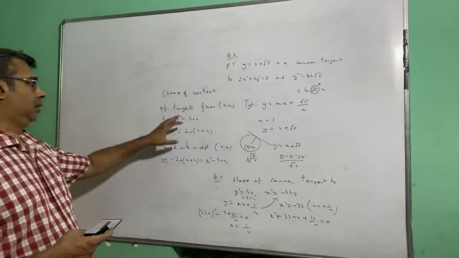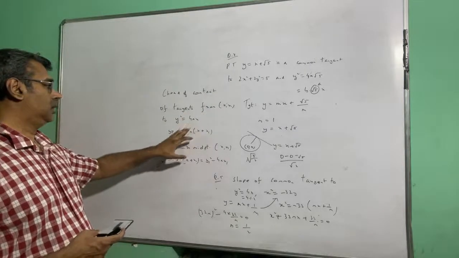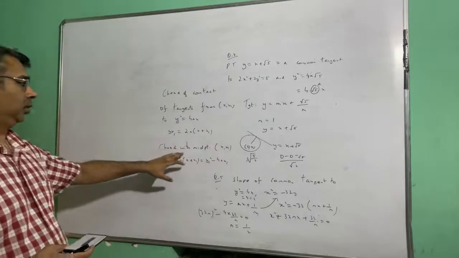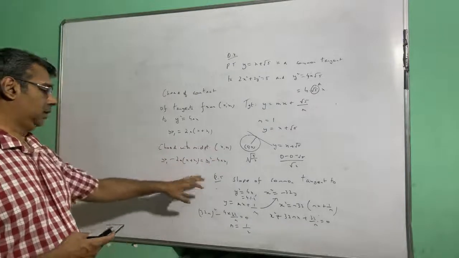So chord of contact of tangents from x1, y1 to this parabola is this, and chord whose midpoint is x1, y1, this is the formula.